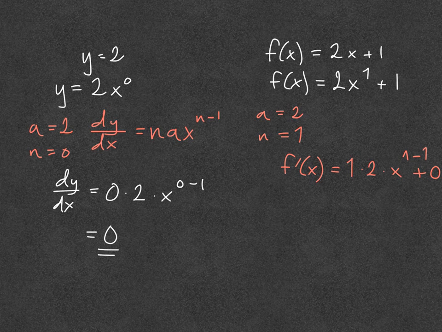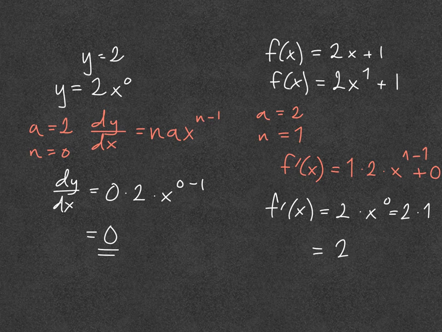And again, so f derived of x equals 2 multiplied with x to the power of 0, which is 2 multiplied with 1, which is 2.